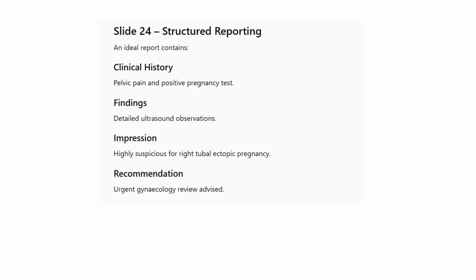So the structured reporting. An ideal report contains clinical history: pelvic pain and positive pregnancy test. The findings: detailed ultrasound observations. Impression: highly suspicious for ruptured tubal ectopic pregnancy. Recommendation: urgent gynecology review is advised.